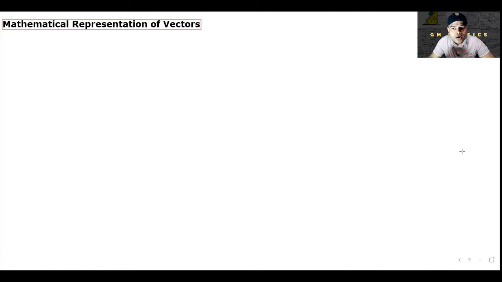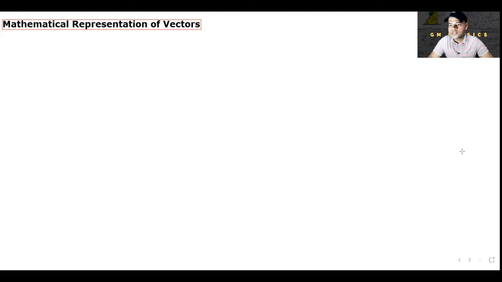So we need to represent vectors mathematically. For that purpose, we have two forms of mathematical representation of vectors. One is polar form representation and one is rectangular coordinate form representation.